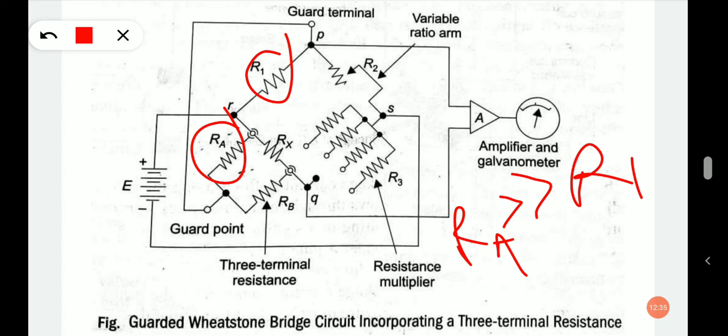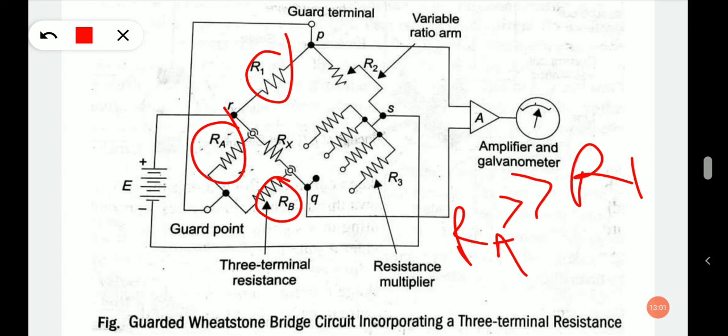In the same way, resistance Rb is connected with the galvanometer in parallel. Due to the high value of the resistance Rb, the shunt effect has no significance. However, it reduces the galvanometer sensitivity to some extent.